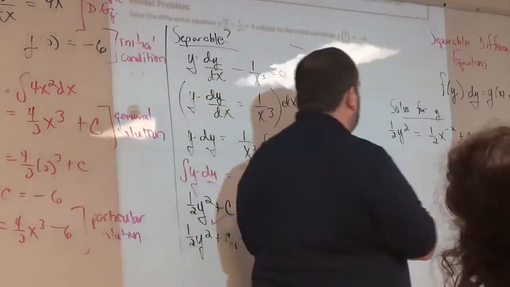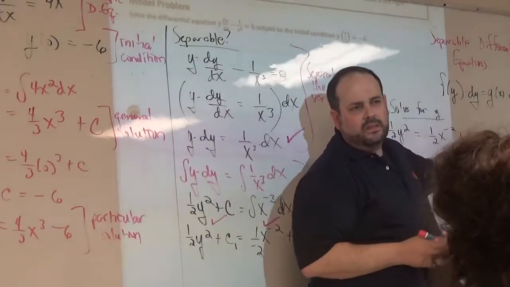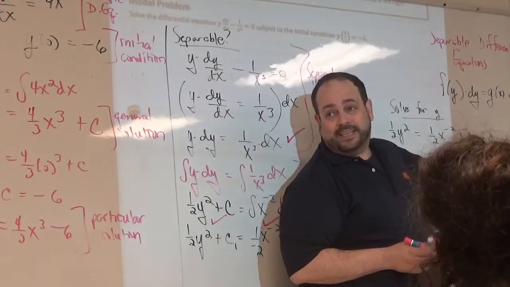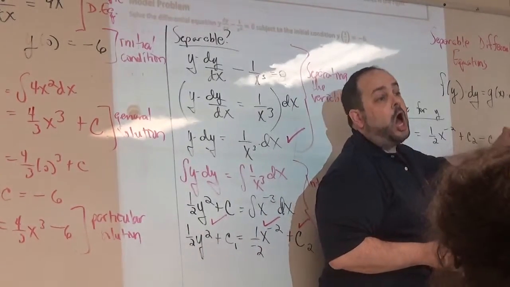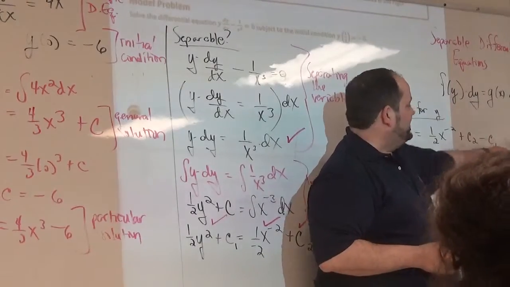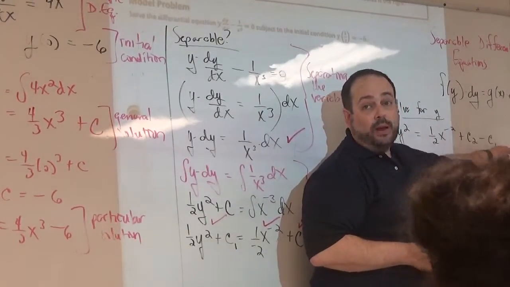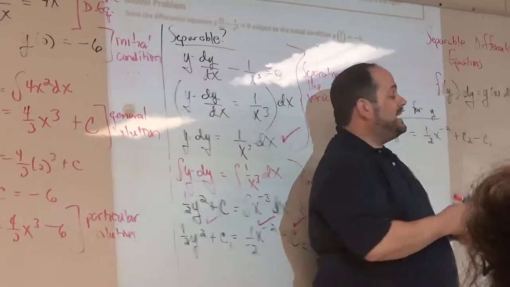Okay, here's the part, little newness. What do we know about C2? C2 is a constant. I don't know anything about this constant, but it's a constant, that's all I know. This one over here, also a constant. A constant minus a constant is one great big constant. A constant that I don't know minus a constant that I don't know is a constant that I don't know.